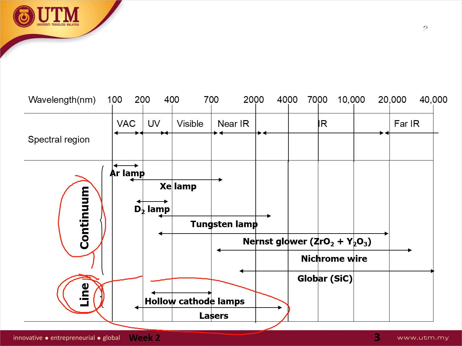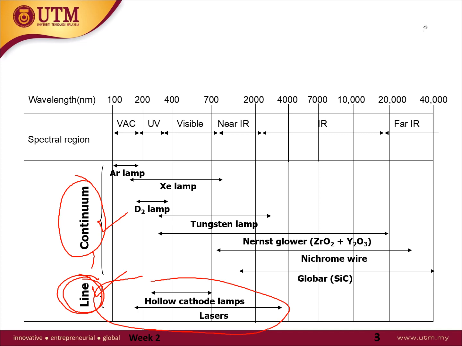Compared to that, a continuum source can reach one cycle, then have a pulse for a certain millisecond and then continue again. That justifies the short lifespan compared to the hollow cathode lamp, which has a line as the radiation source.